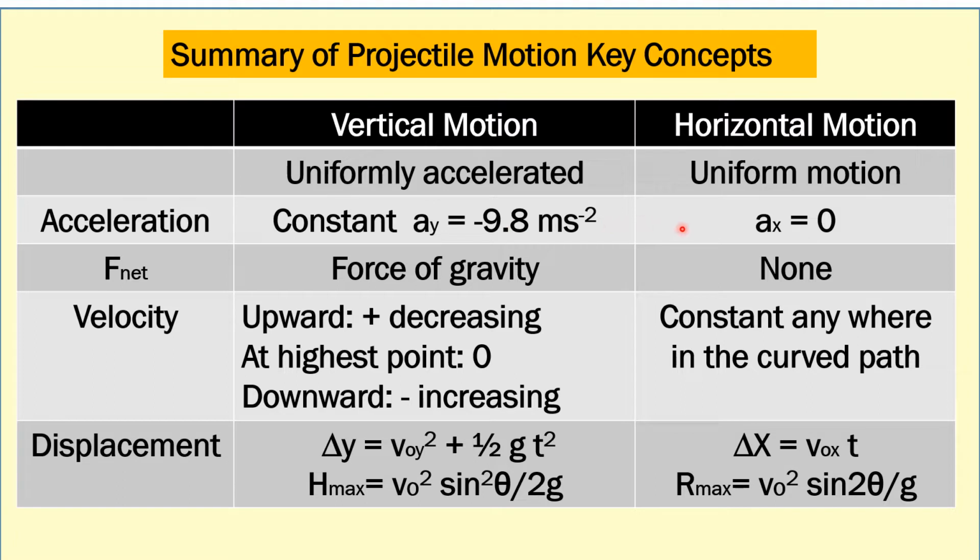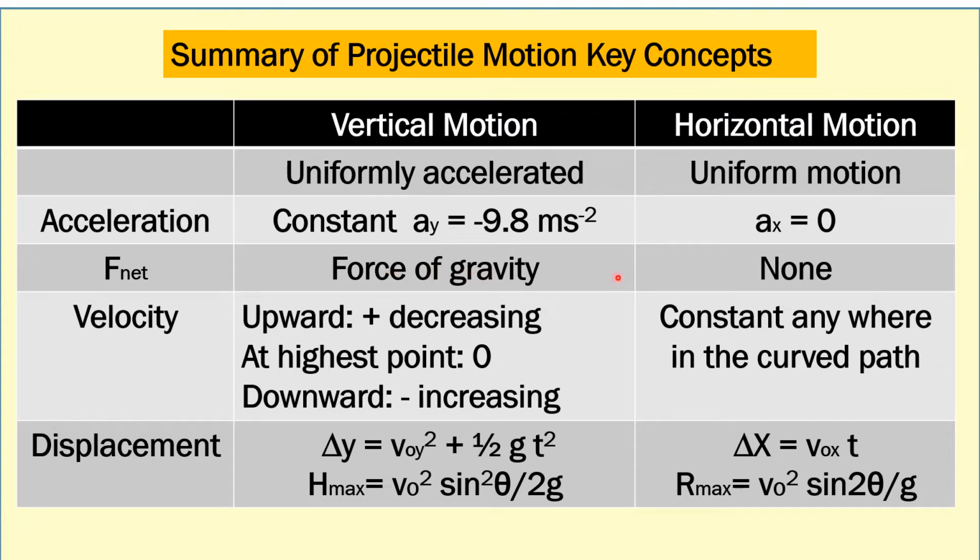Now, the horizontal component of the motion has no acceleration along the x. Our a sub x equals 0. Why is this so? It is because the net force acting on a projectile along the vertical is just the force of gravity, also known as the weight of the projectile.